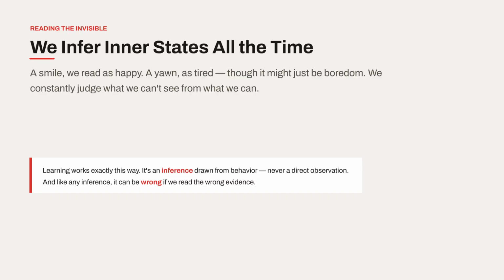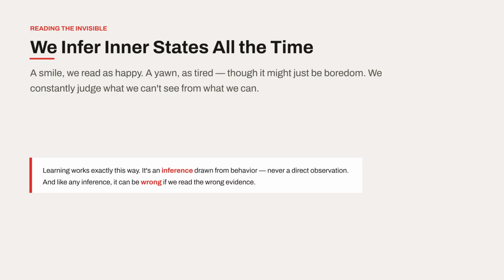But here's the catch, and it's right there in the example. That classmate yawning beside you in lecture might not be sleep-deprived at all. They might just be bored out of their mind. The behavior is real and observable, but our inference from it can be wrong. Learning works in exactly this way.